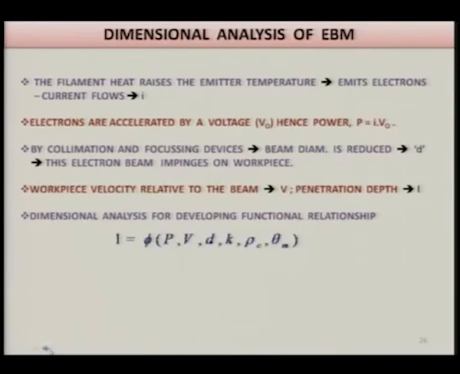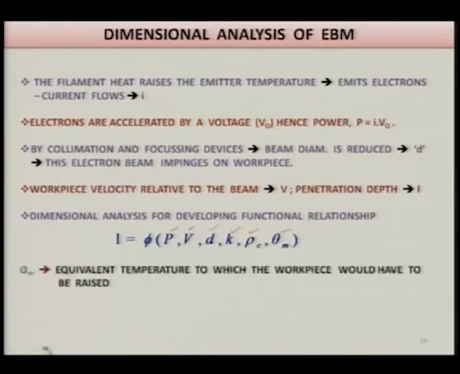This penetration depth L becomes a function of power, relative velocity between beam and workpiece, diameter of the beam, thermal properties of the workpiece material, density of the workpiece material, and temperature of the workpiece material wherever that beam is concentrated.